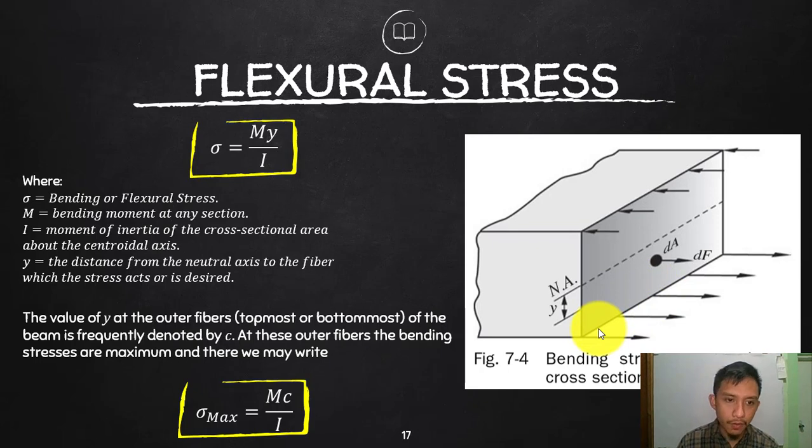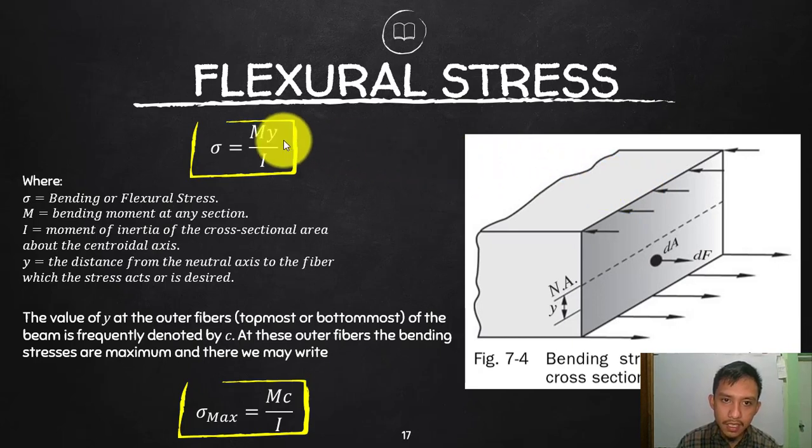So for us to get the maximum value of the stress, let's put sigma sub max to indicate the maximum. It's either compression or tension. If you are considering the tension part, then that is the maximum tension. If you are considering the compression part, then that is the maximum compression.